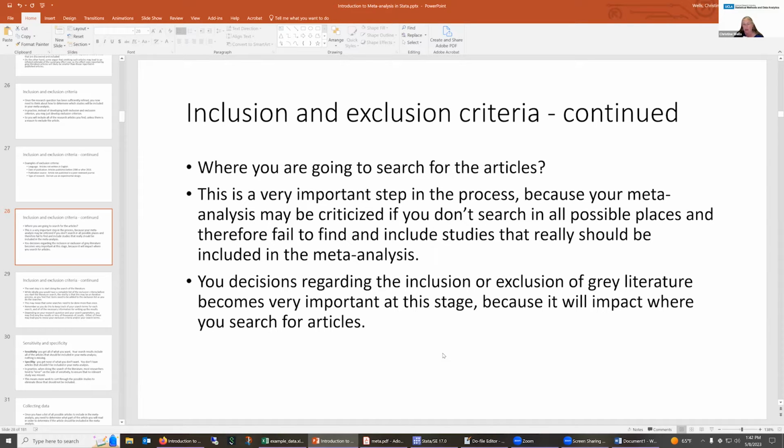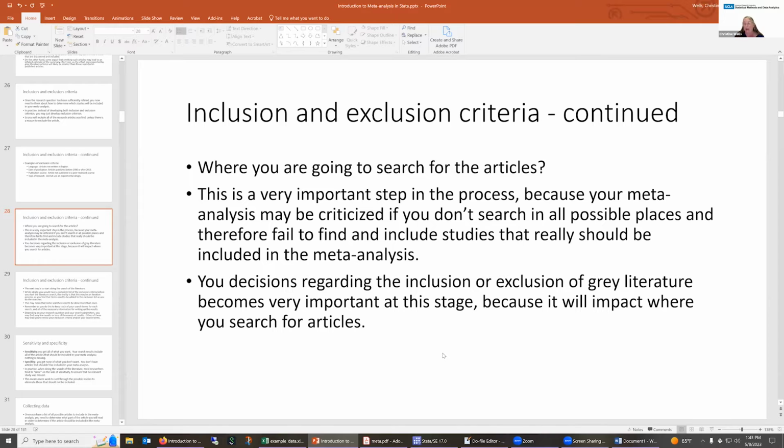Where you search for the articles is super important because, in fact, you can get criticized if you don't search all the possible places that the research could be published or could be available, and therefore you fail to find stuff that should have been in your meta-analysis.